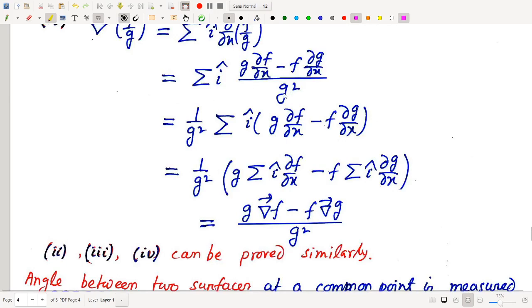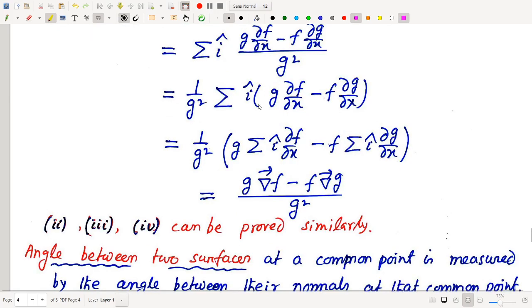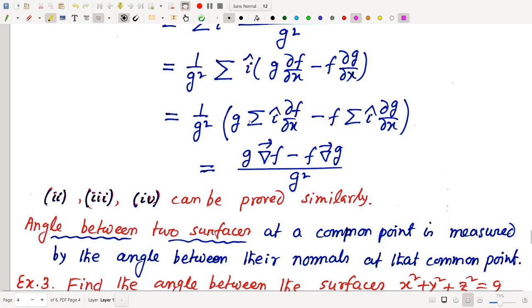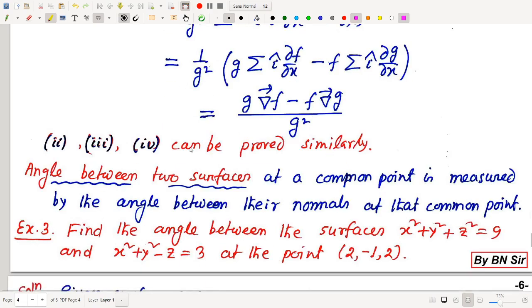Now g square is independent of the summation, so it is taken out, and then summation i cap into (g del f by del x minus f del g by del x) is written. Now summation is distributive, and also g can be taken out of the summation here. So it is g summation i cap del f by del x minus f into summation i cap del g by del x. But this is del f, gradient of f, and this is gradient of g, del g. So therefore the result is proved.